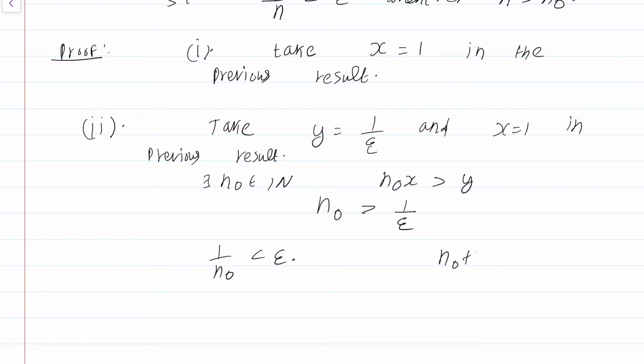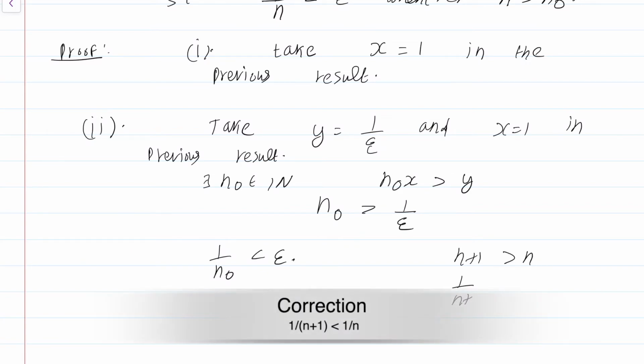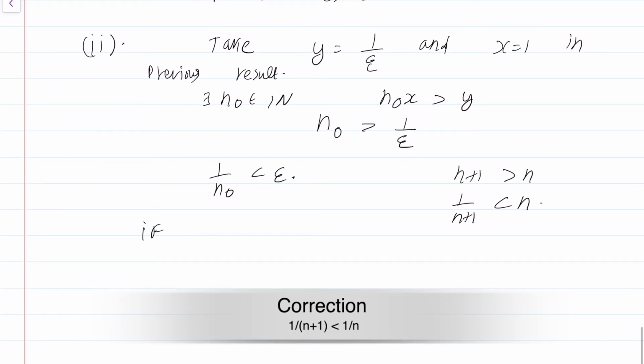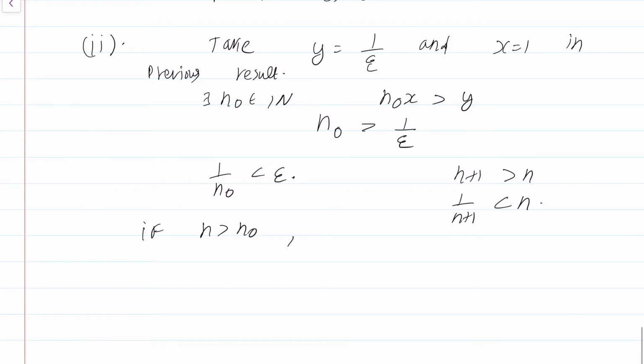From the fact that n plus 1 is greater than n, we immediately get 1 by n plus 1 is less than 1 by n. So if n is greater than n naught, then 1 by n is also less than epsilon.